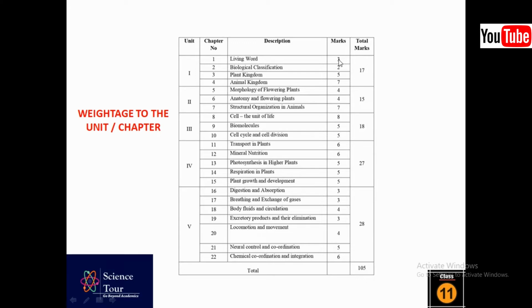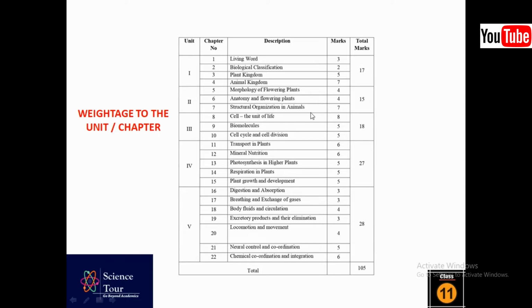Maybe one 1-mark question and one 2-mark question. Then the second chapter, biological classification, has 2 marks. That means only 1 question may come, that is a 2 marks question. Then the third chapter, plant kingdom, 5 marks.